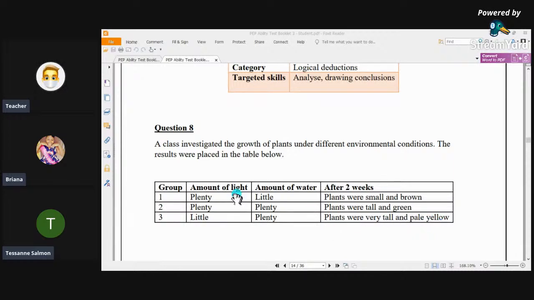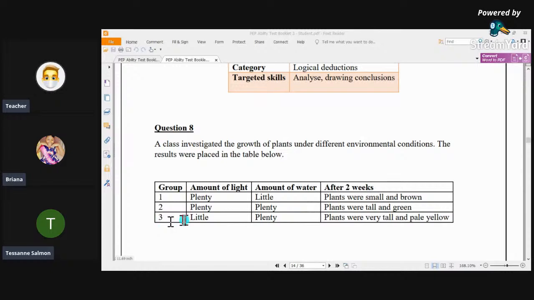Let's look at this again. We're looking at the different conditions, with plants placed into 3 groups. Group 1 got plenty of light and a little water, and after 2 weeks of this environmental condition, the plants were small and brown. Group 2 got plenty of light and plenty of water, and the plants were tall and green.